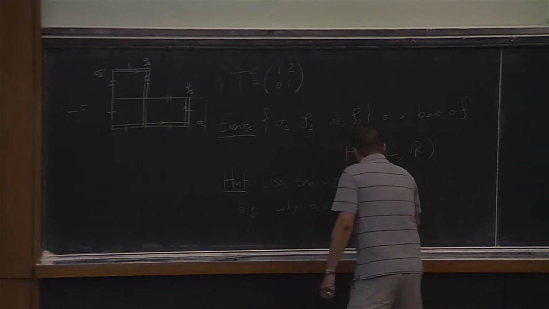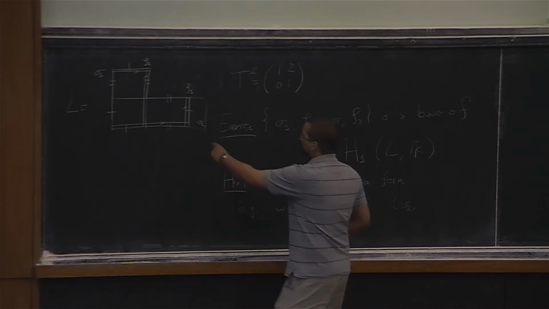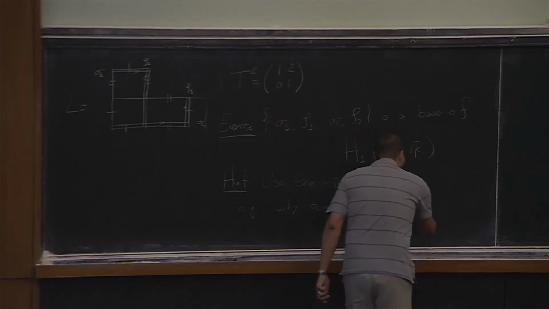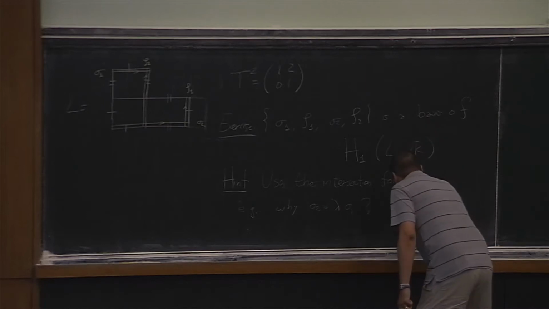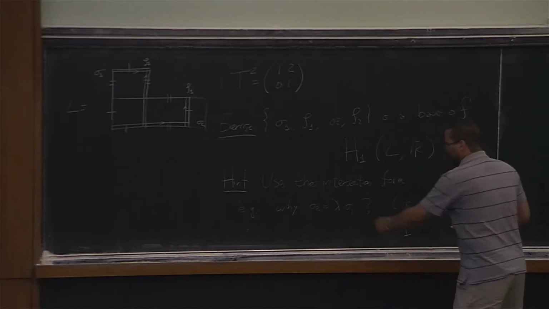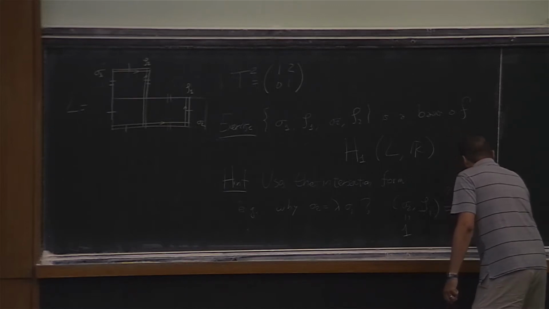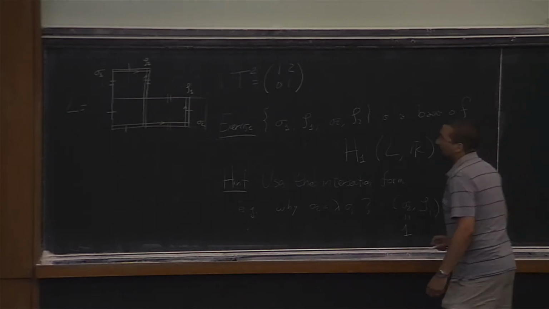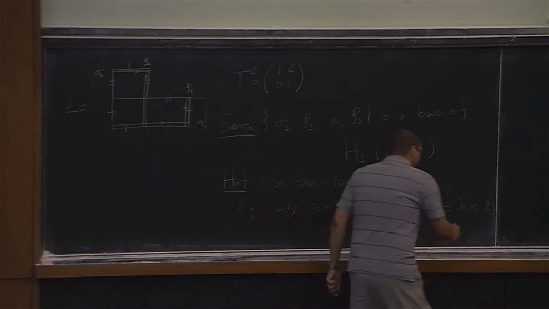And the answer was, well, sigma 2 intersects zeta 1 with plus 1. And so by this equation, this should be lambda times sigma 1 zeta 1. But sigma 1 and zeta 1 have no intersection, so this would be 0.